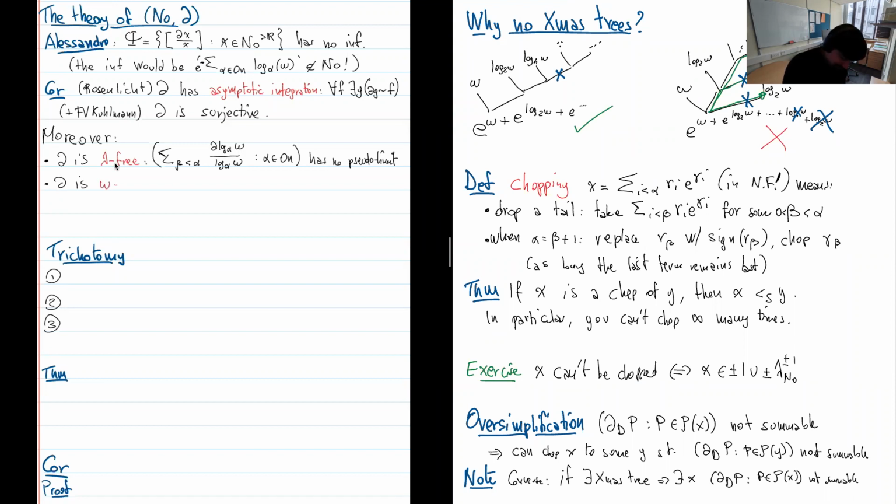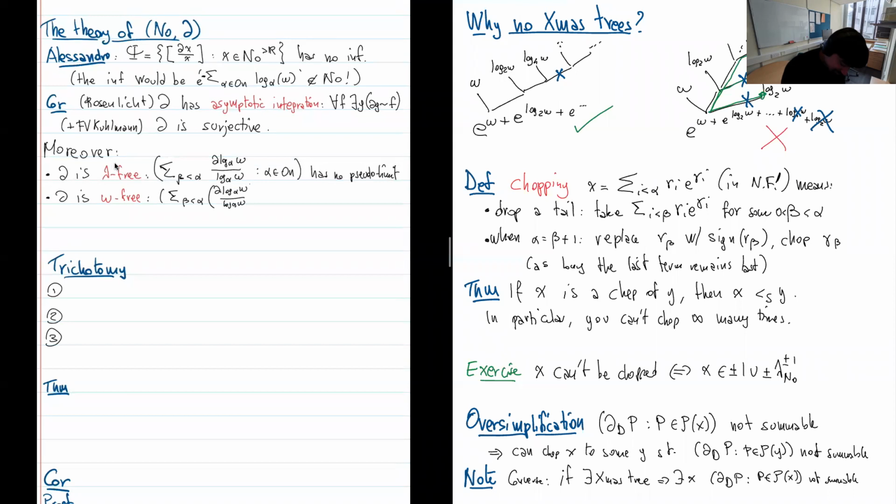Okay, and basically for the same reason, it's also omega free, which is even stronger. In this case, the sequence would be almost the same one, but with squares. This also has no pseudo limit.